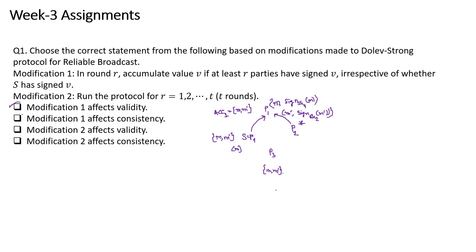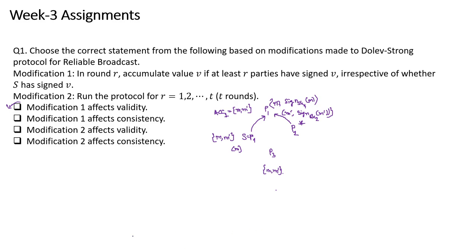Then there is modification 2 as well. Modification 2 says run the protocol for r equal to 1 to t rounds. What if, instead of t plus 1 rounds as in the original protocol, we run the Dolev-Strong protocol for only t rounds?